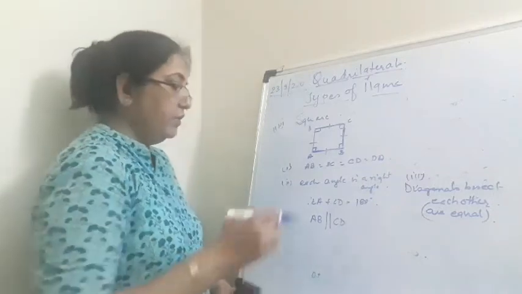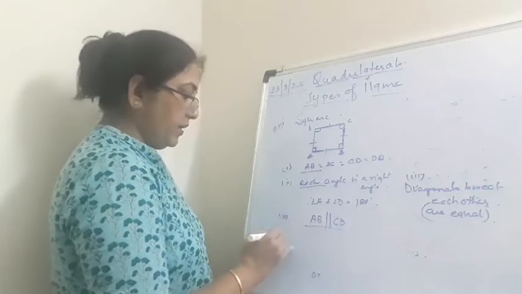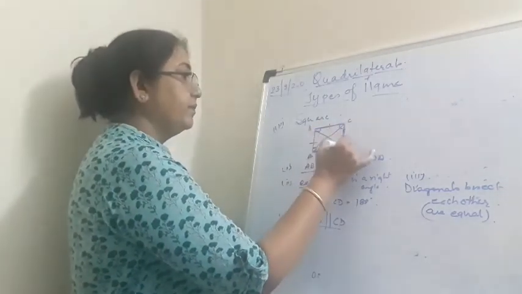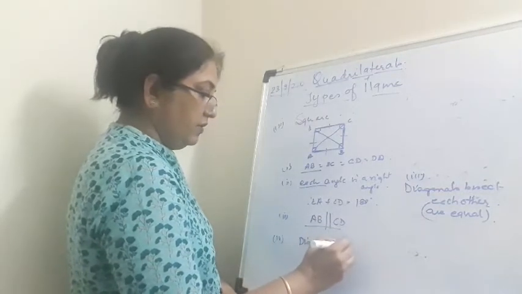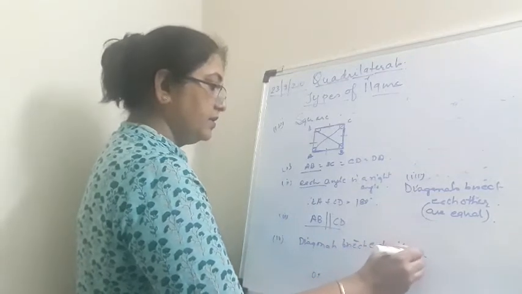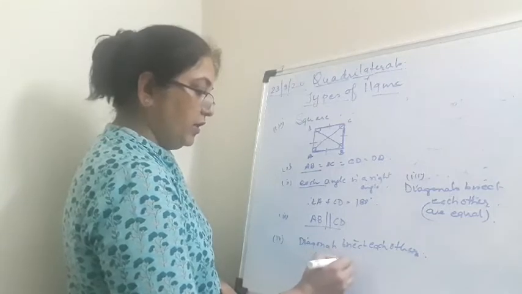Okay, so therefore this property, second property, and the third property, as well as one more, diagonals in a square. Diagonals, again we will say they bisect each other. Yes, and they are actually perpendicular to each other.